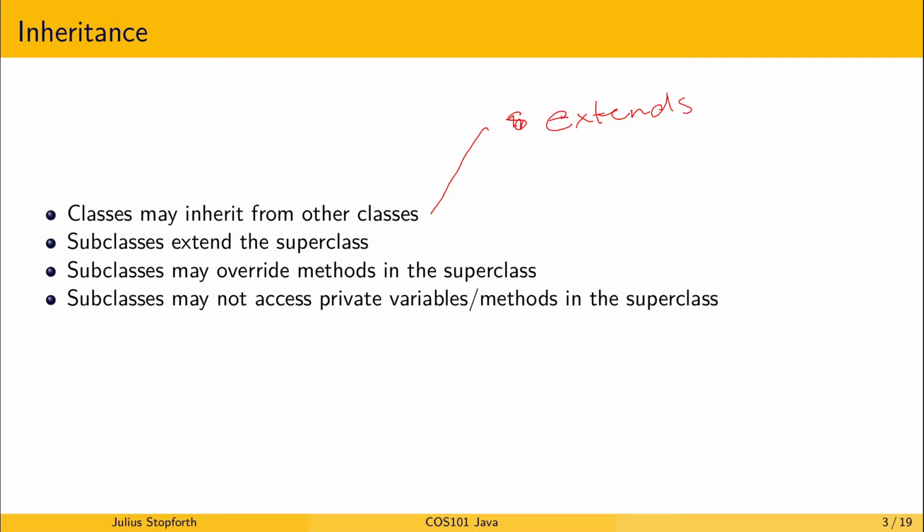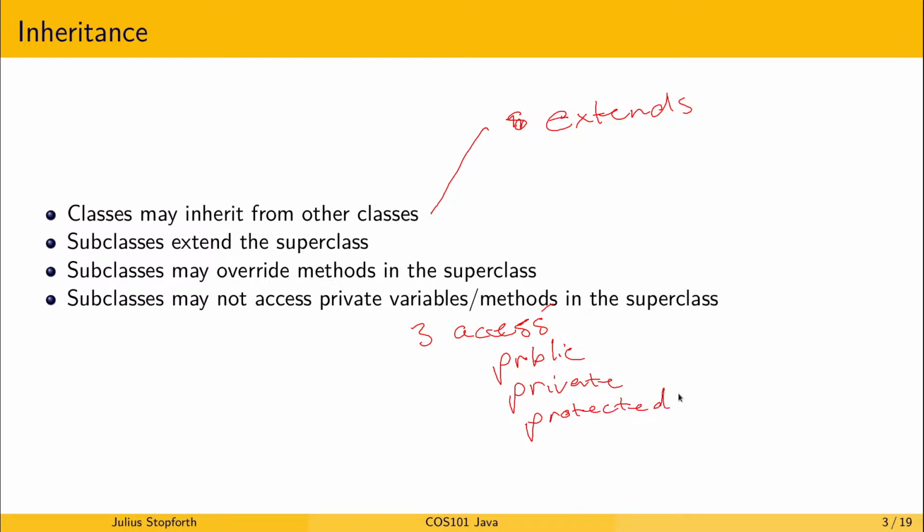Subclasses may override methods in the superclass, and part of encapsulation is that subclasses may not access any private variables or methods in the superclass. We had 3 different access modifiers: public, private, and protected.